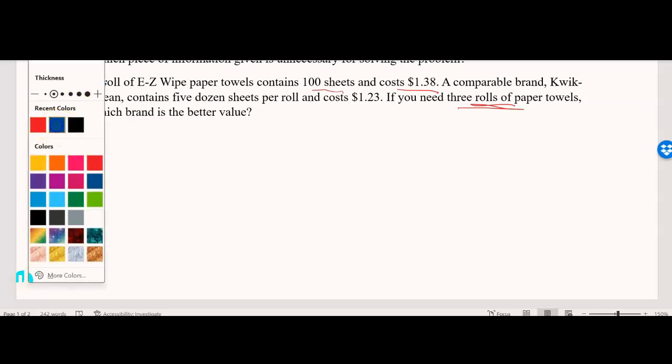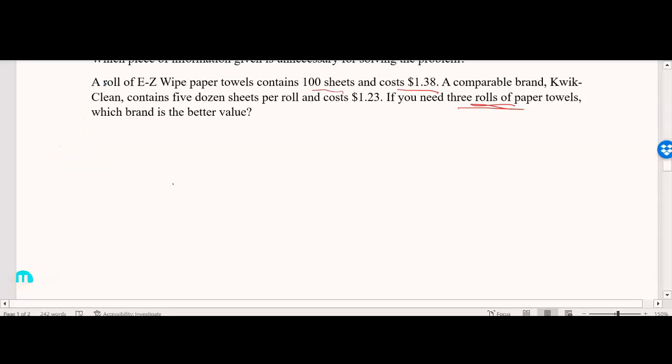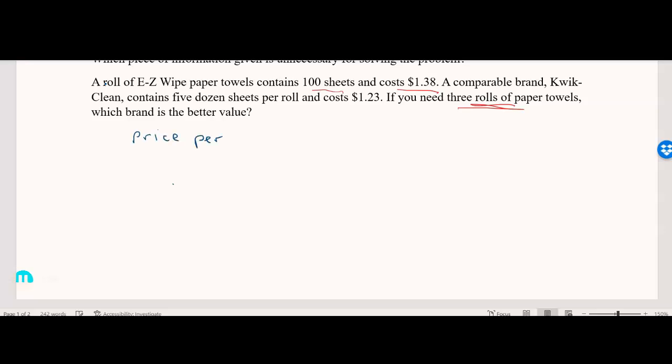So in this particular problem, the best thing to do, and I've done these things before, especially with cereals and paper towels, toilet papers, all these different things you get at a store, what we want to look at is the price per sheet. That's what we want to look at because we're given the price for 100 sheets.